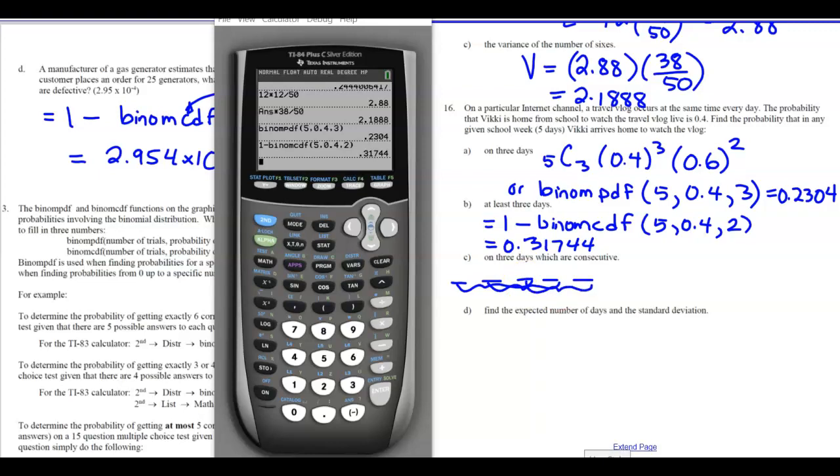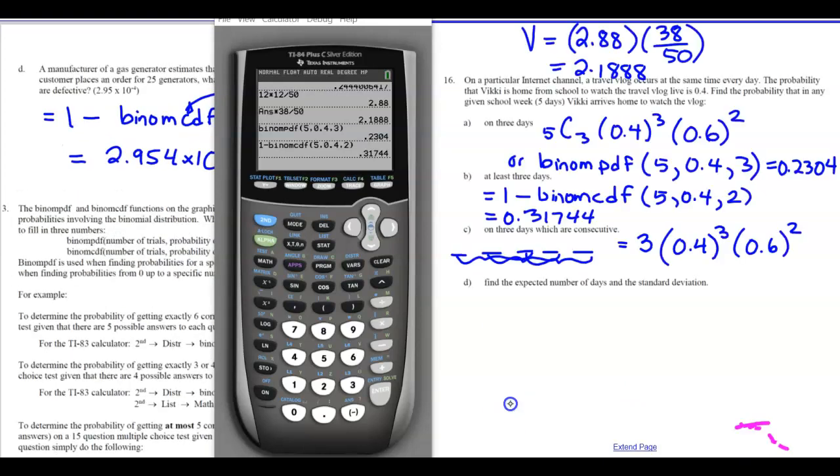So probabilities will all be the same, and there's 3 of them. So you can say 3 times. If you're going to see the vlog 3 times, probability of that is 0.4 cubed, and not seeing it 0.6 squared. The 3 comes from having 3 ways of having 3 consecutive days, not from the first 3 days.